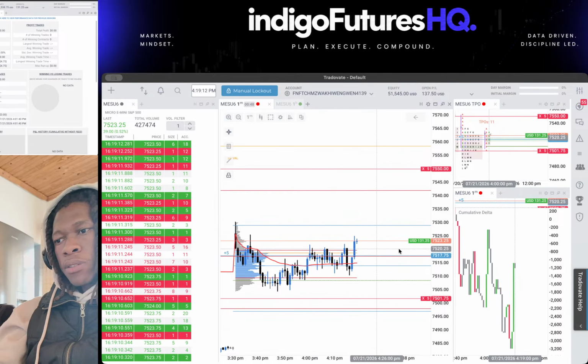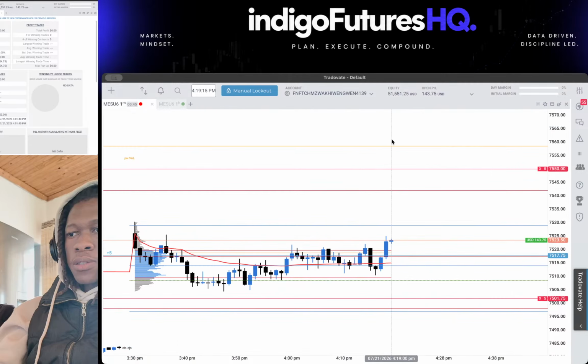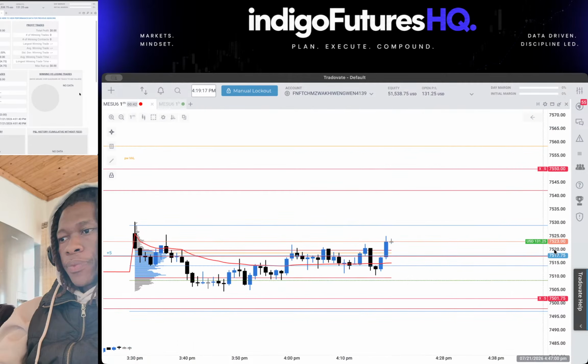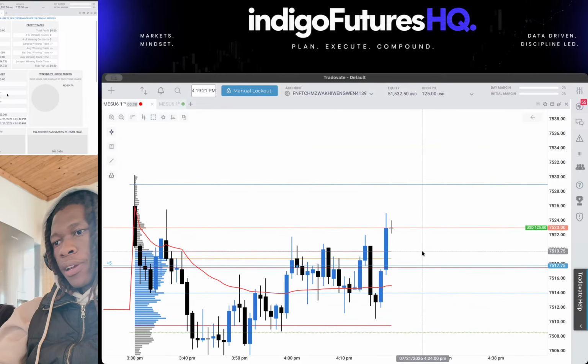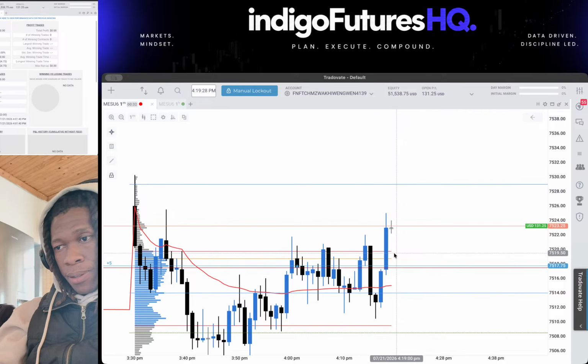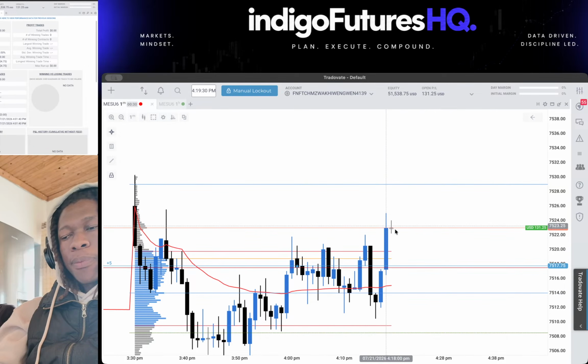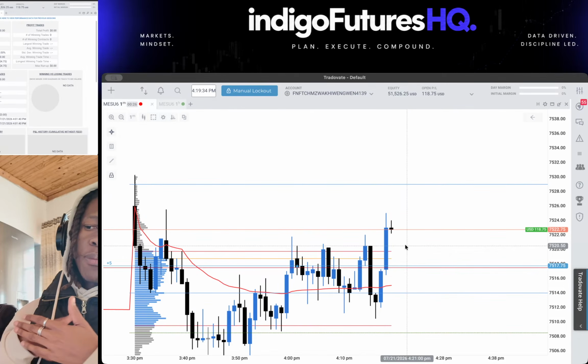Wouldn't be too far-fetched to expect, if it does so happen that we come back, we could retest the value area high of the developing volume profile. I would prefer that if we get a retest of it and then we go back up, because that gives us information, right? It tells us that buyers are being aggressive right now.